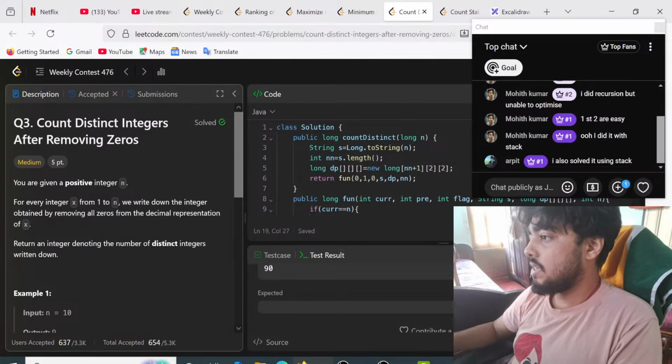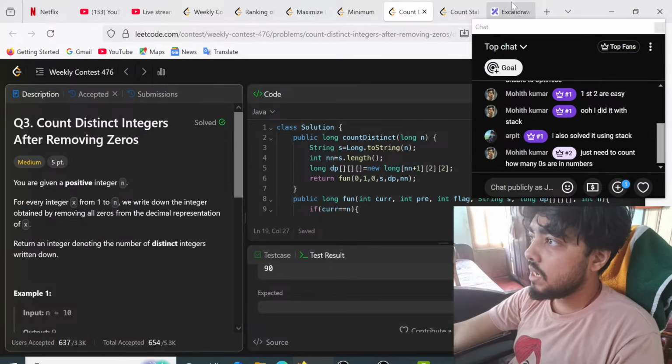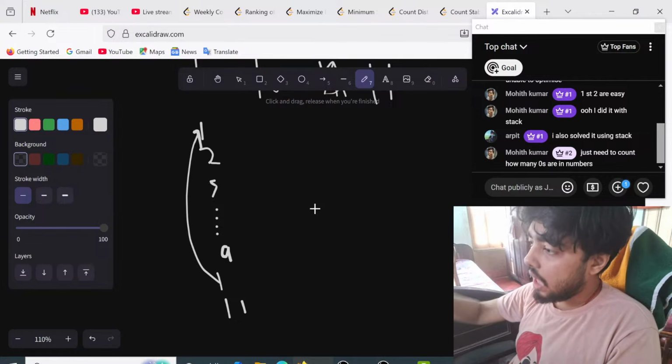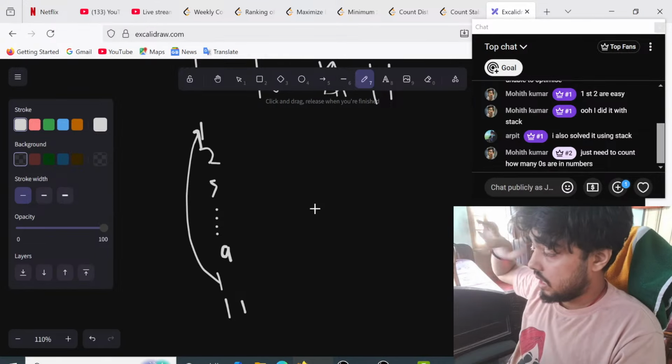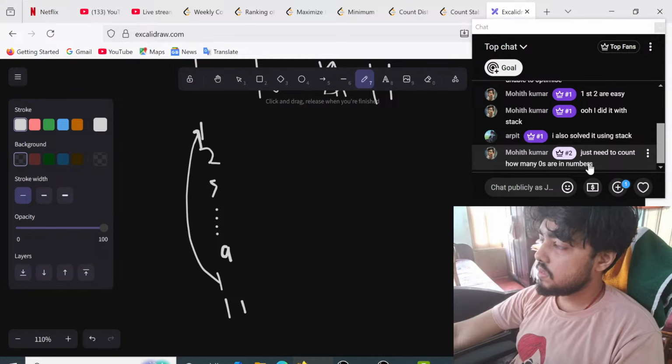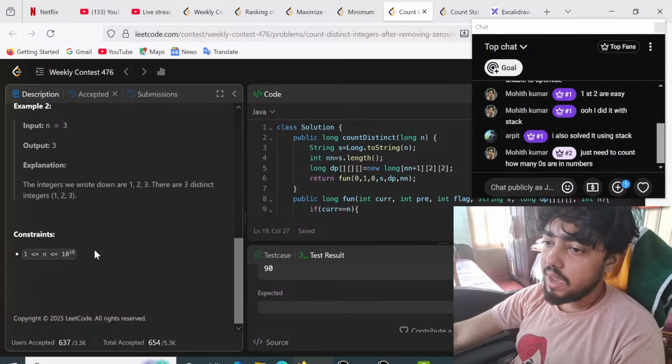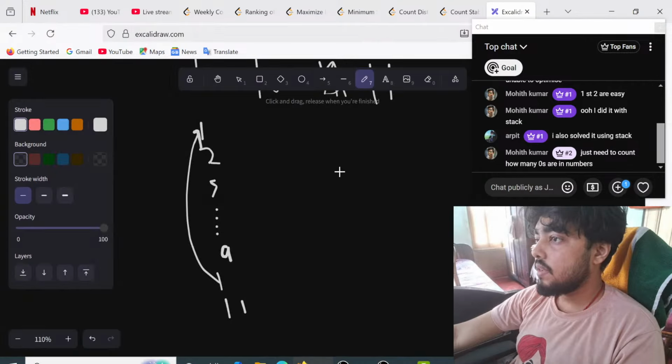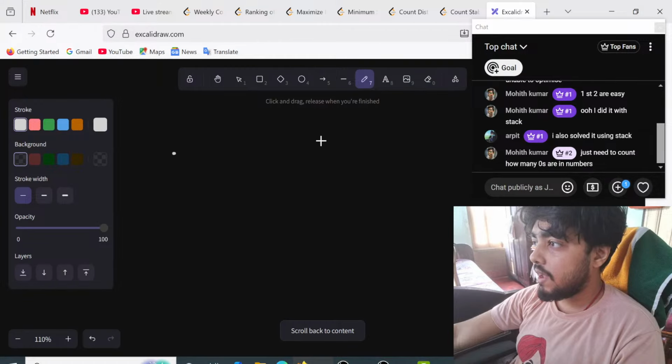How to do that? It's a simple question of permutation and combination that you can check, but on the higher end, it is a DP. How many zeros are in the numbers? No, that won't work now because the value of n is 10 to the 15. So let's say you're having the value of n as something.